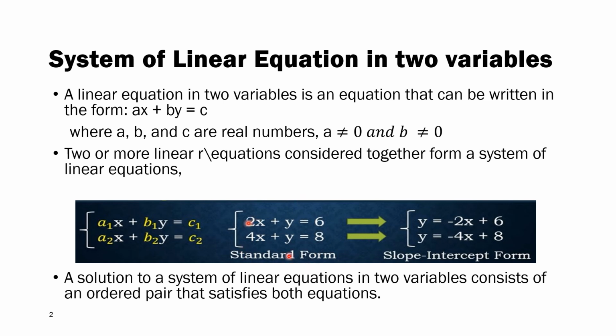If we translate that into slope-intercept form, this will become y equals negative 2x plus 6, and at the same time, y equals negative 4x plus 8. A solution of the system of linear equations in two variables consists of an ordered pair that satisfies both equations.